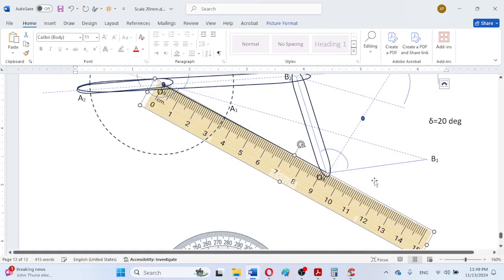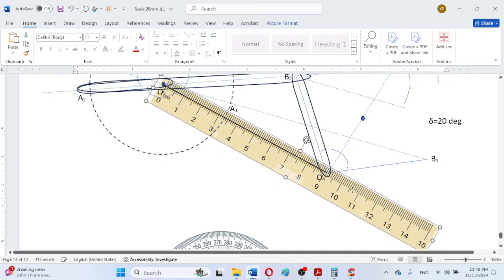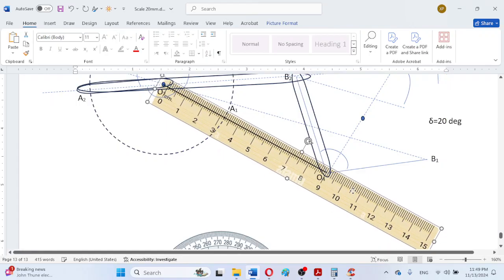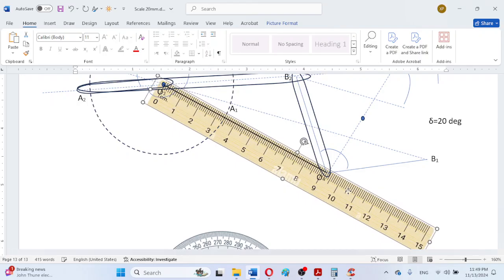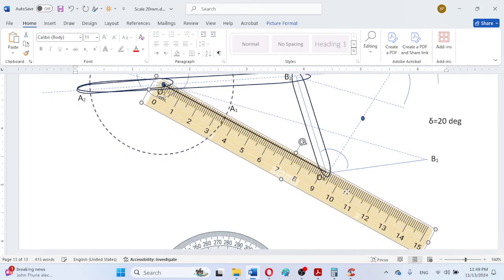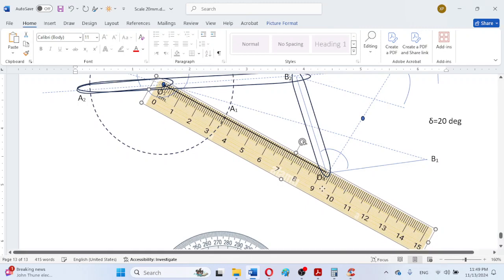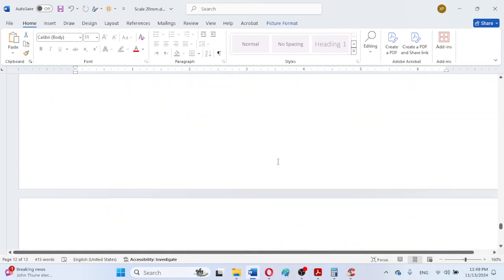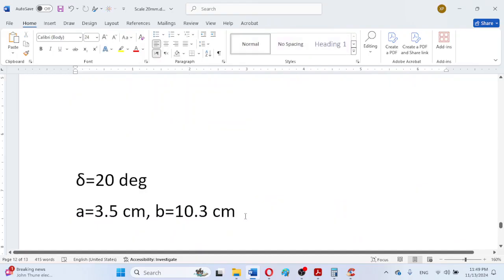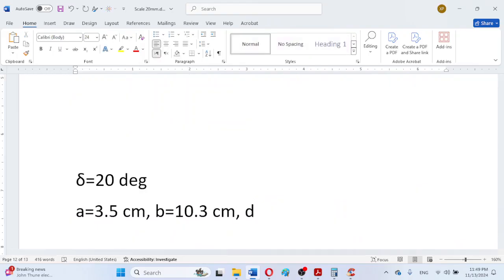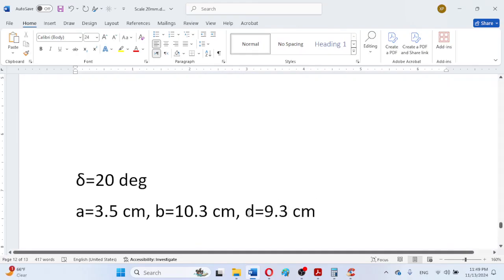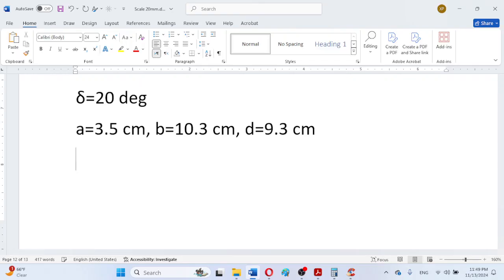As we can observe, this distance is approximately 9.12, and 9.3 centimeter approximately. So D is equal to 9.3 centimeter.